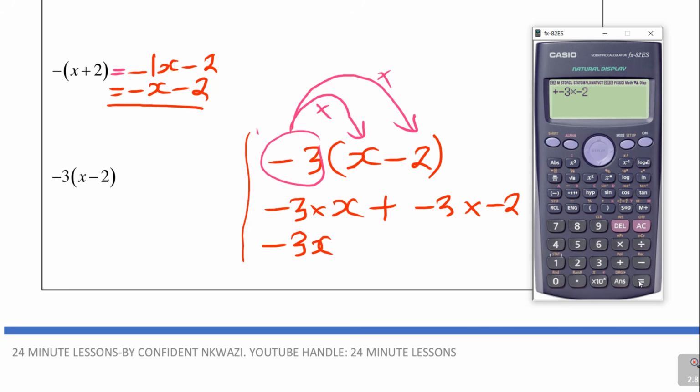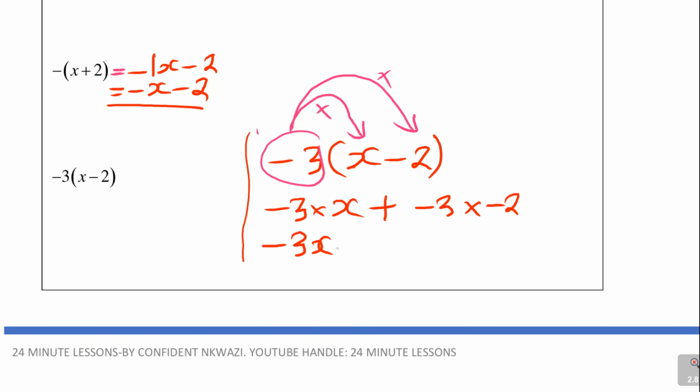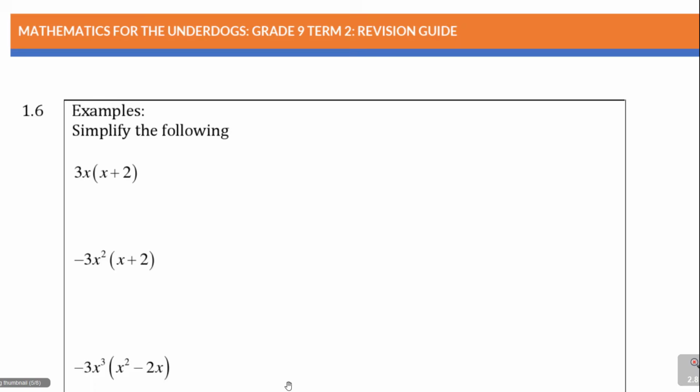Sometimes I avoid using it because, well, it gives me the same answer. It's a 6. When you get 6, don't just say 6, but know that the sign between it, because there was a sign here, is also maintained as positive 6. So it's negative 3x plus 6. Are you with me, guys? Very important concept that you need to know.